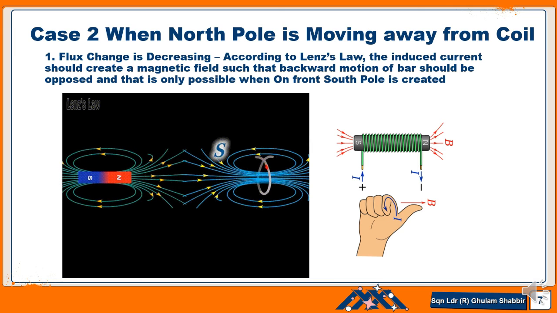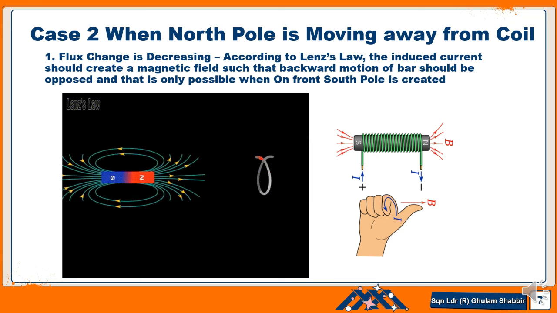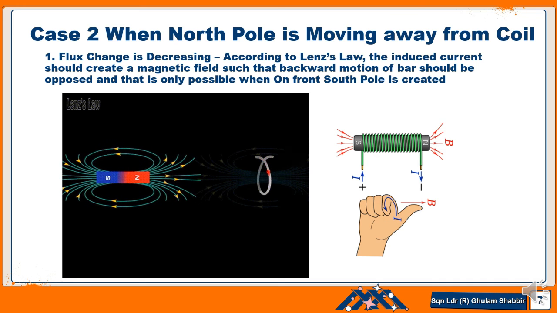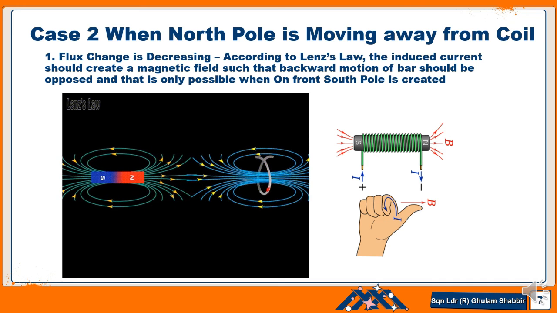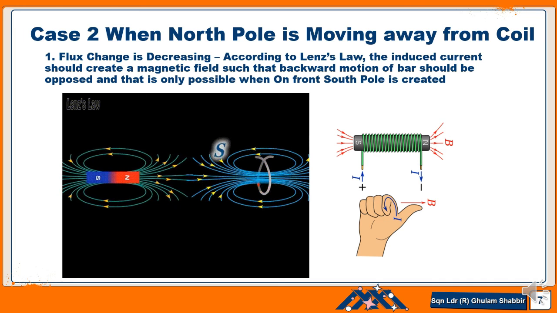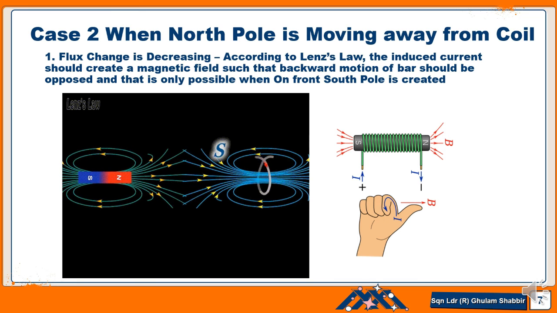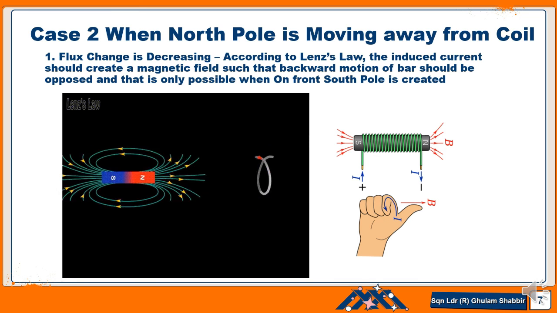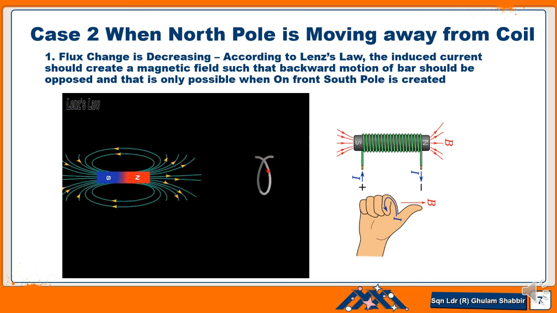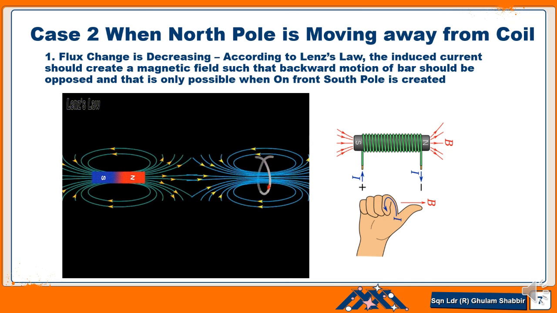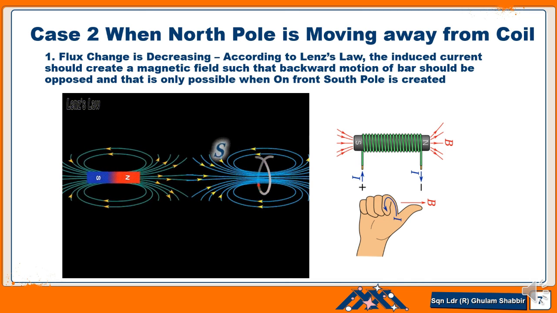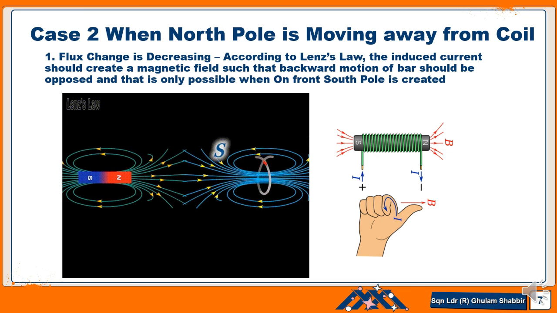So the current should be induced in such a way, and according to the right hand grip rule, if we keep our thumb towards the north pole, then the current will be in the clockwise direction. So the direction of the current can be determined.